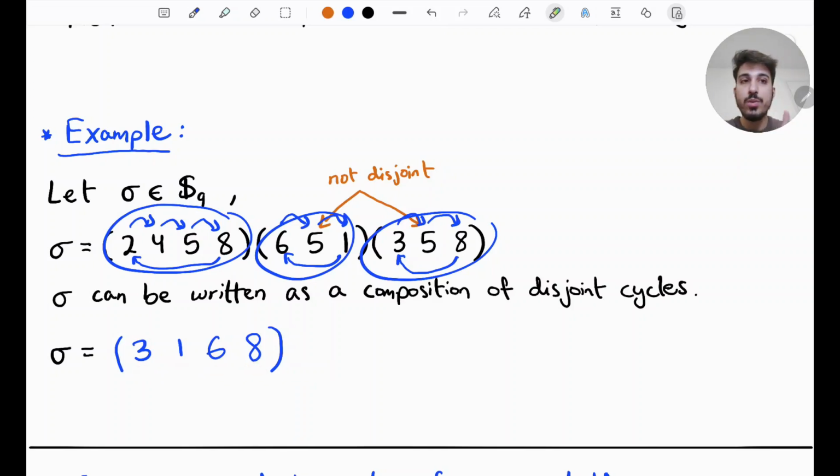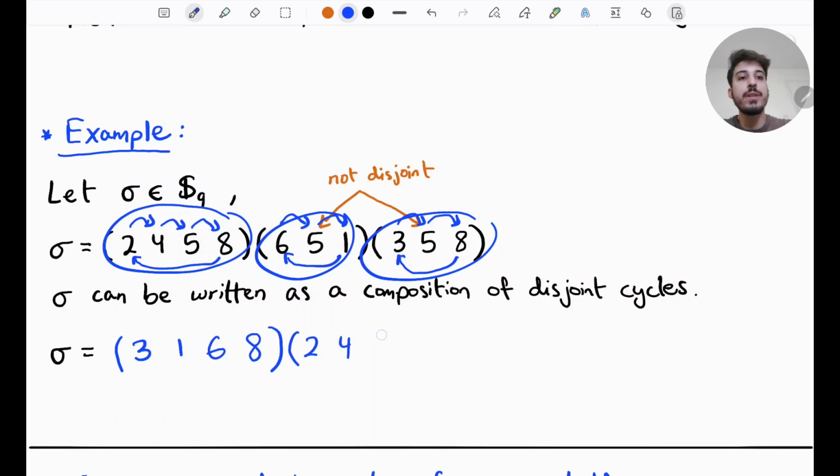So we still have 2, 4, 5, and 7 to worry about. So let us do that. Let us see where 2 is being sent to. So we have here that 2 is being sent nowhere, 2 is being sent nowhere, and 2 is being sent to 4. So we say that 2 is being sent to 4. Let us see where 4 is being sent to. Nowhere, nowhere, and 4 is sent to 5.